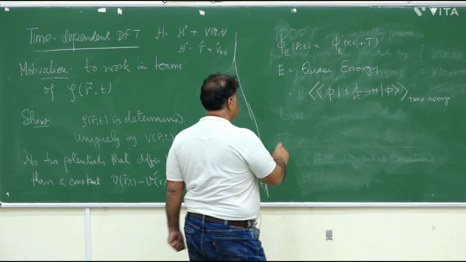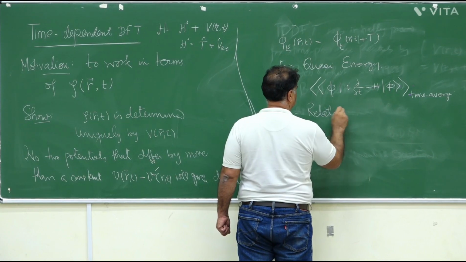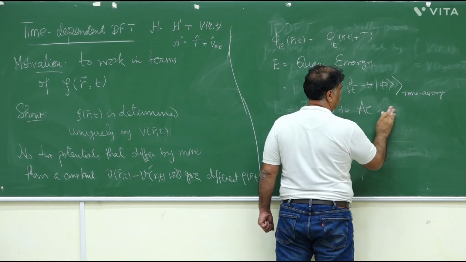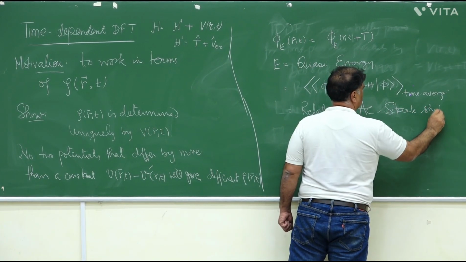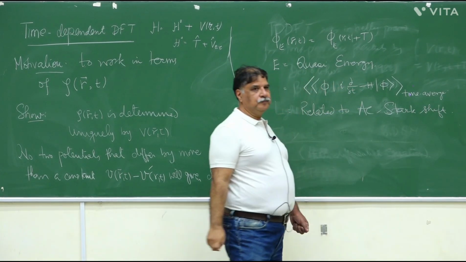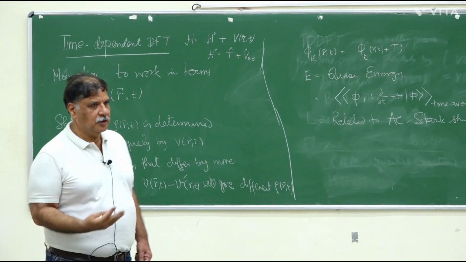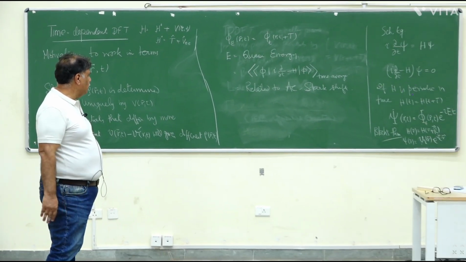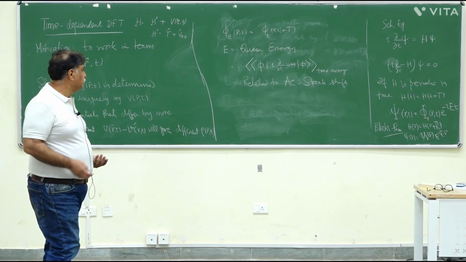Physically this is related to the AC Stark shift. So if you put an atom or a molecule in a periodic AC field, there's a shift in energy levels, and this is going to find that out.